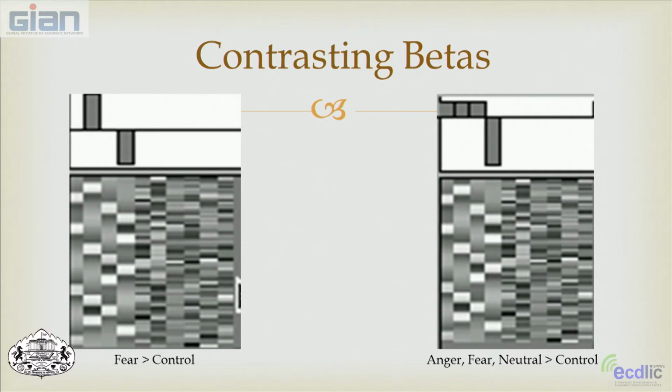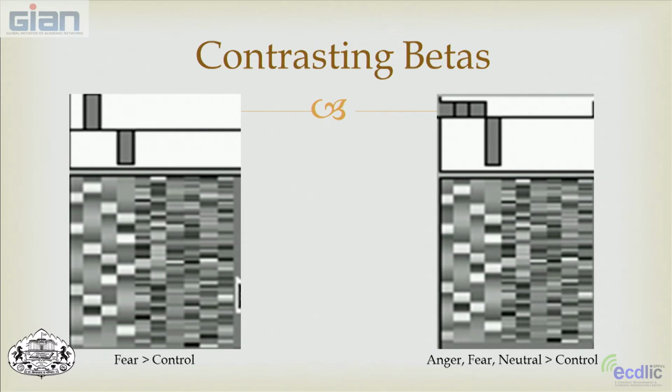Okay, so if you remember the model, this block here that I showed you from SPM, the time-dependent model, when you pull up these contrasts, SPM will show you the weights of the contrast. So if you remember, the order was anger, fear, neutral, control. And you can see at the top here, it put a positive value of 1 for fear and a negative value of 1 for control.